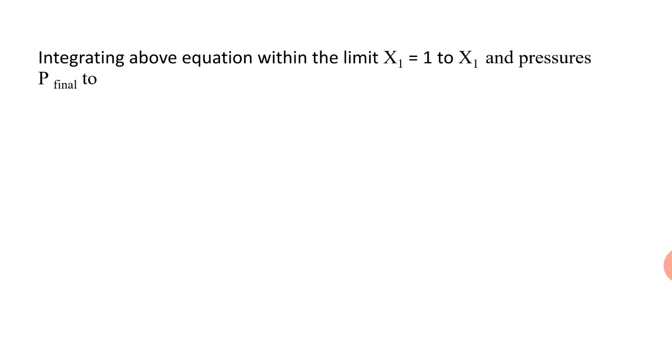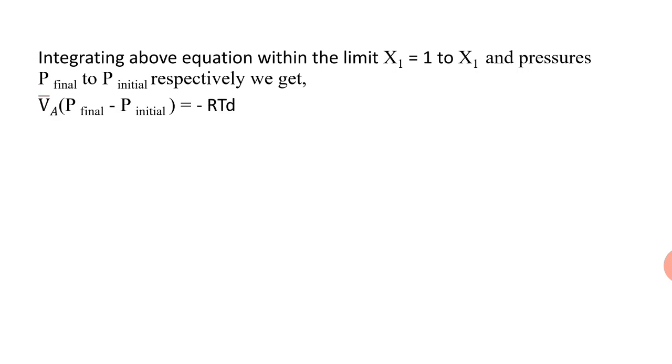Next, integrating the above equation within the limits x1 is equal to 1 to x1 and pressure P initial to P final respectively, we get V bar A in bracket P final minus P initial bracket complete is equal to minus RT ln x1. It is our equation number 2.